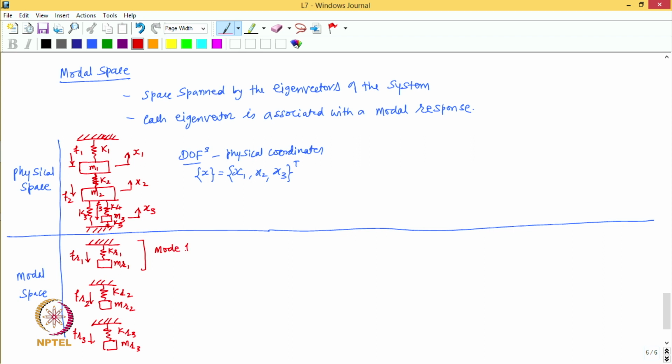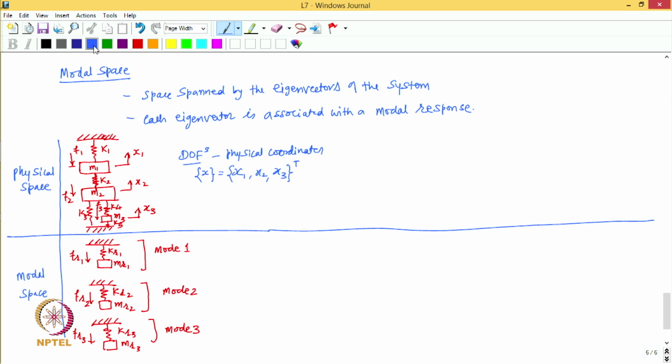It represents the participation of mode 1 in the response, right. It basically states the dynamic equilibrium of the system in mode 1. This one is for mode 2 and this one is for mode 3.